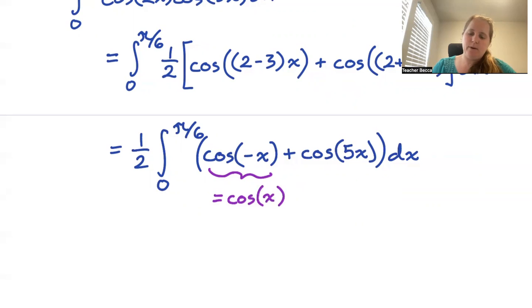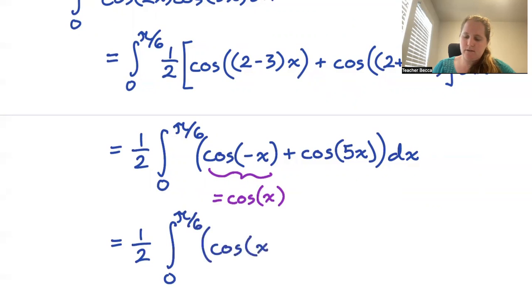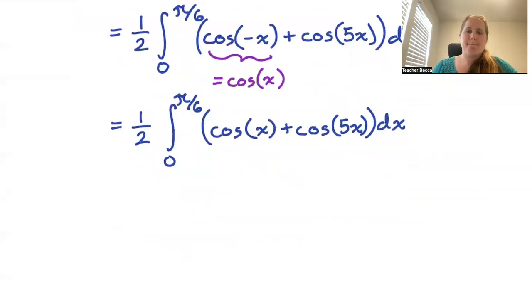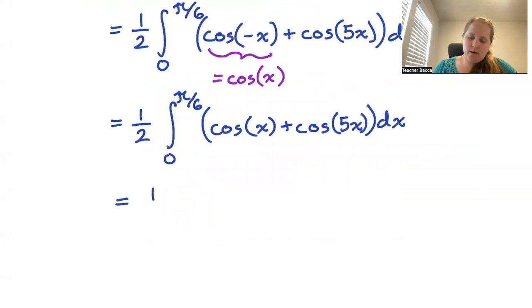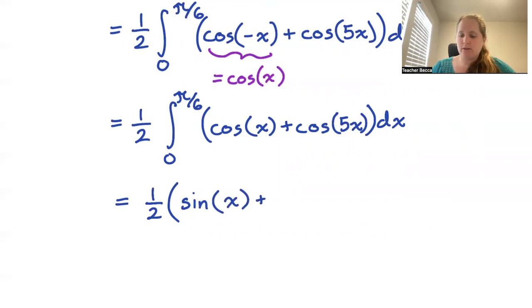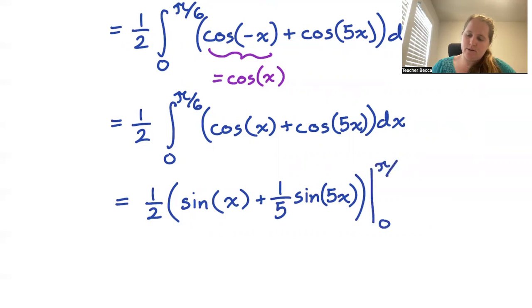So we could rewrite this as 1/2 times the integral from 0 to pi over 6 of cosine of x plus cosine of 5x dx. Integrating, the integral of cosine is just sine, so cosine of x goes to sine of x, plus cosine of 5x gives us positive sine of 5x. To counteract the chain rule, we have a 1/5 out front. And we are evaluating from 0 to pi over 6.